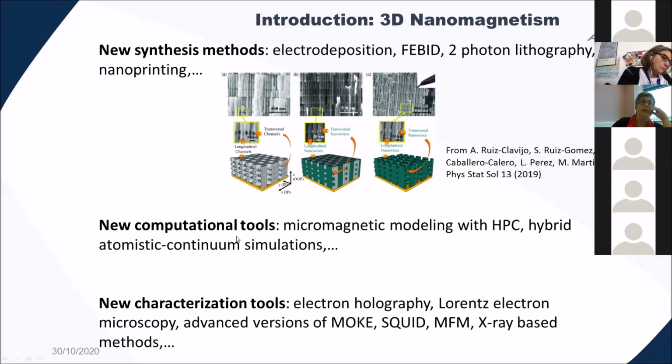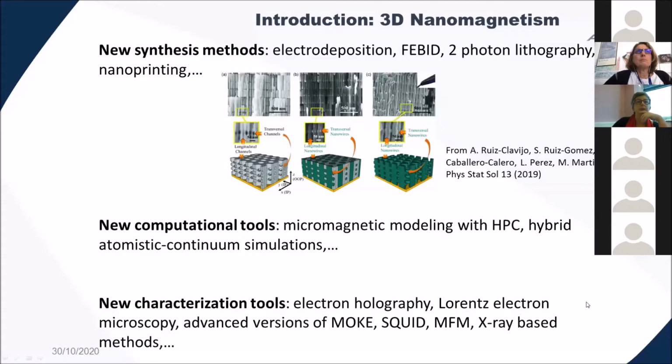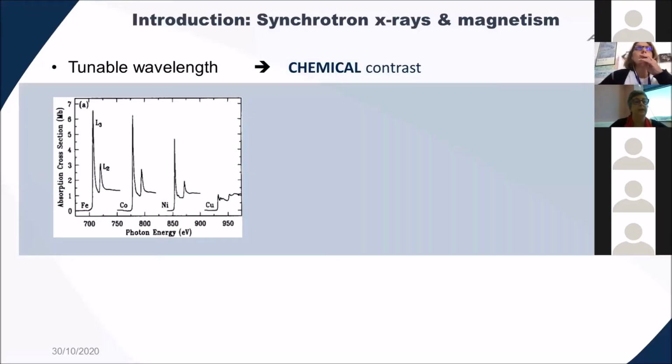And of course, new characterization tools from an experimental point of view, of which some are based on electrons, like electron holography or Lorentz electron microscopy. Others are modifications of methods that were developed for 2 dimensions, like MOKE microscopy or SQUID or MFM, and some are based on X-rays, as I will show. Why are X-rays advantageous for some problems?